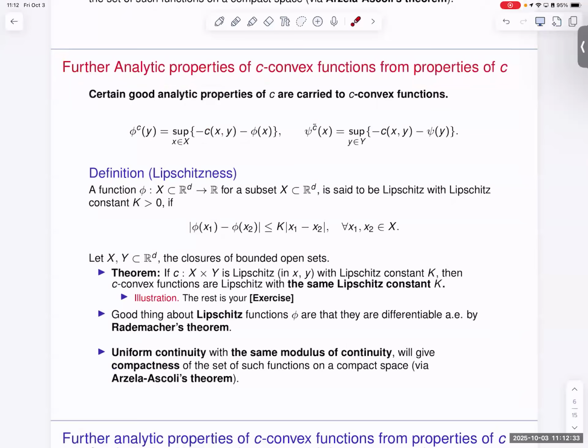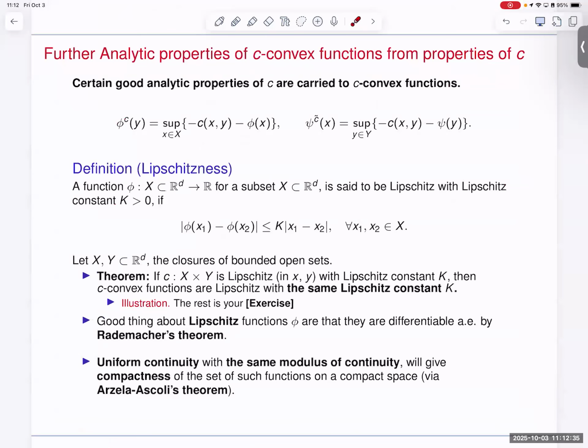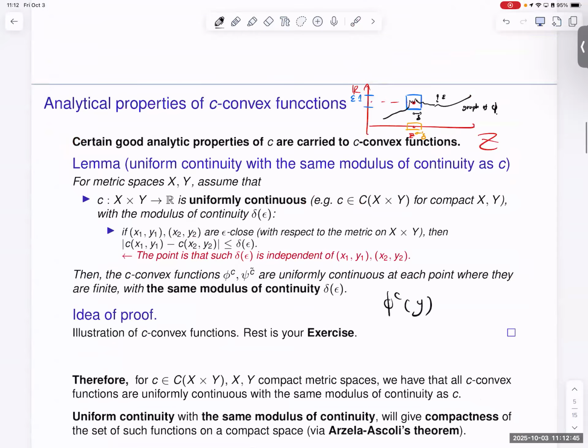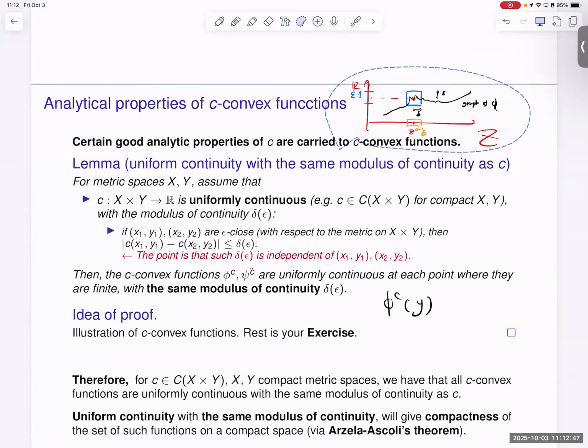Okay, so let me be brief about this slide and move to the next one. Among uniform continuity, a very particular case is so-called Lipschitz continuity. Let me copy the previous picture here.